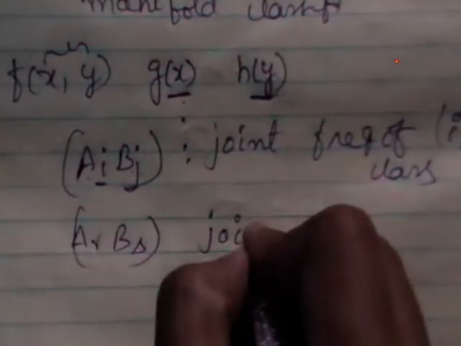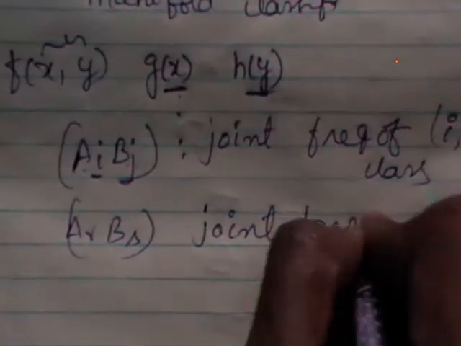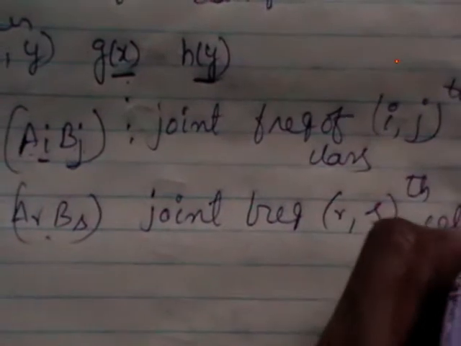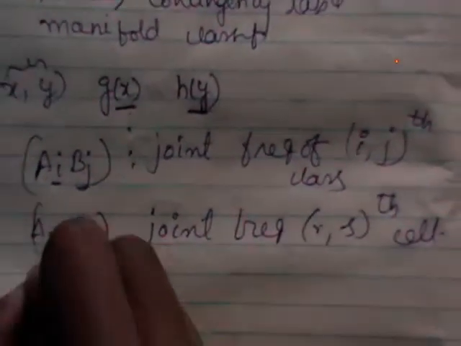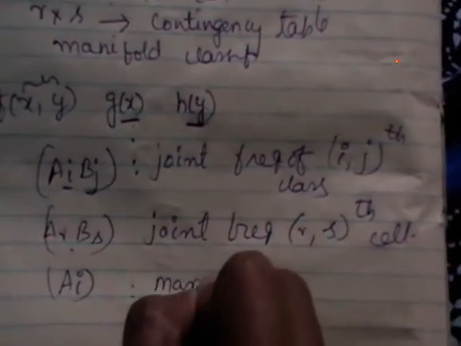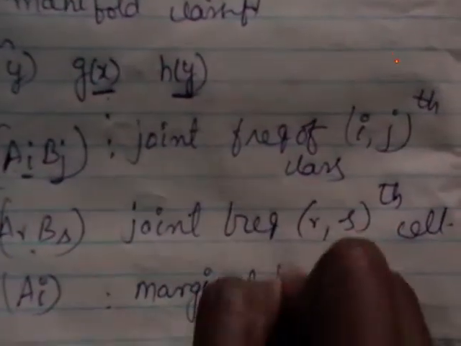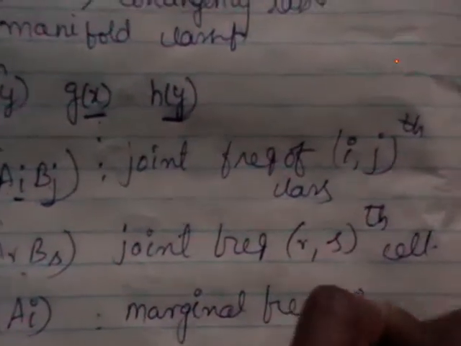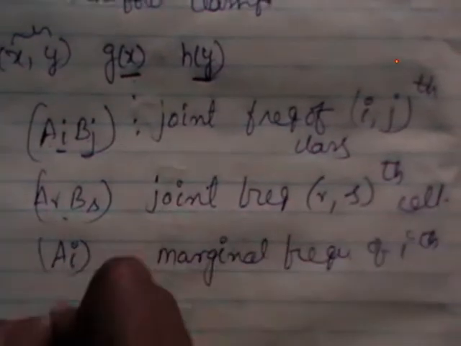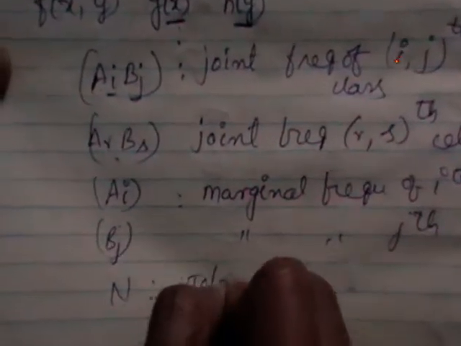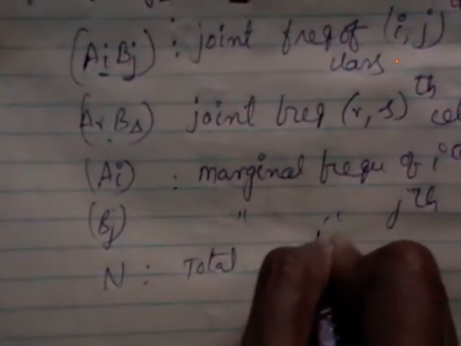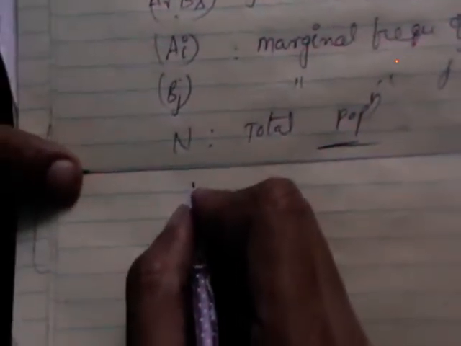Joint, as you have two attributes here, the joint frequency of the rth comma sth cell or class. ai is called the marginal frequency of the ith class. bj is called the marginal frequency of the jth class. Always n stands for the total population. Now this is called manifold classification.